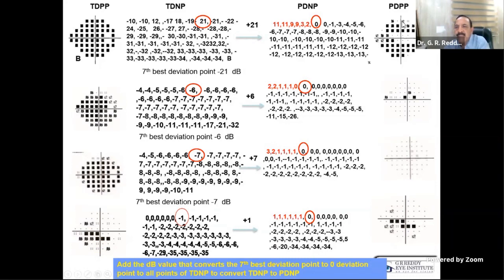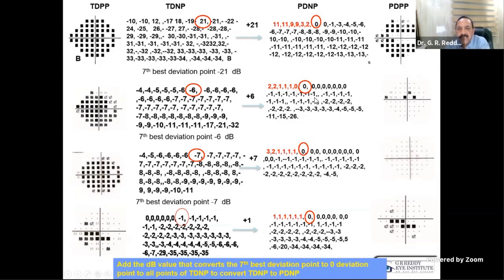So minimum 7 points will become normal in the pattern deviation probability plot by taking the 7th best. Suppose you take the 10th best or 15th best or 20th best deviation point, then minimum 20 points will become normal.